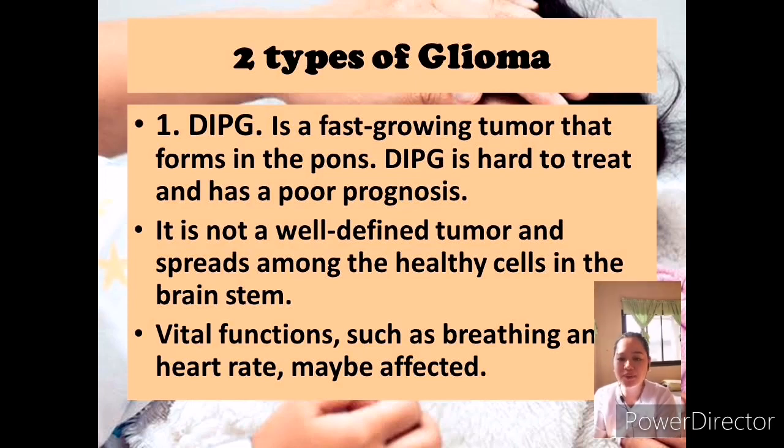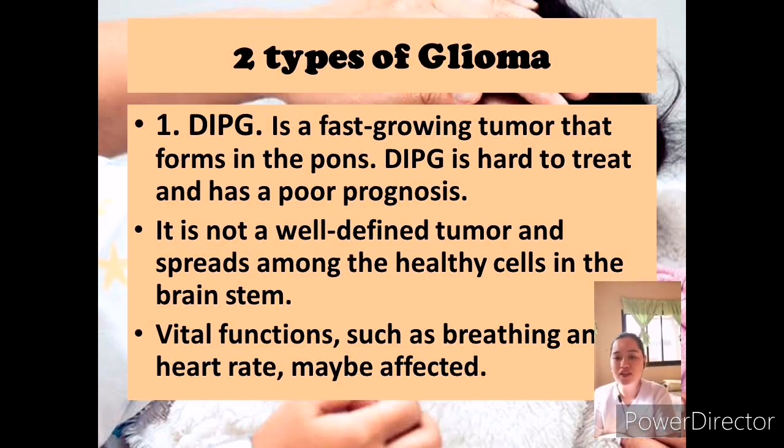So the first type has a very poor prognosis, meaning lower chances of living, and the tumor also has a possibility to metastasize and spread from one part of the brain stem to another.